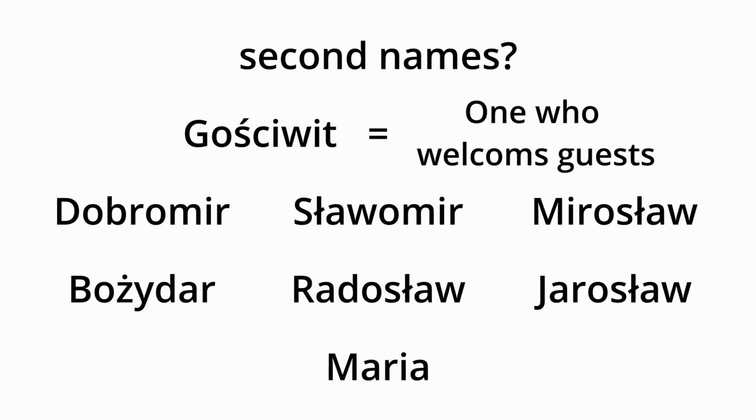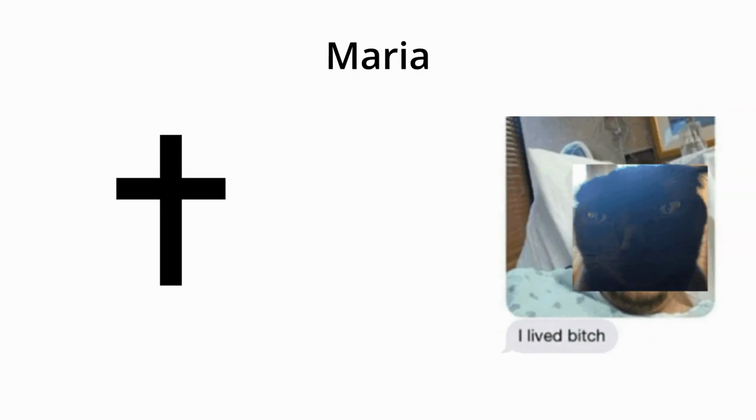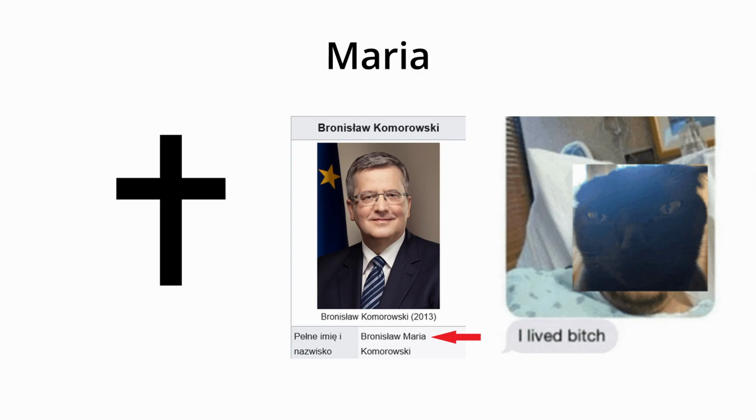All those names are male names, including the last one, in certain specific circumstances. If your parents are very religious or you are born alive against great odds, you can be a man called Mary, like a former Polish president.